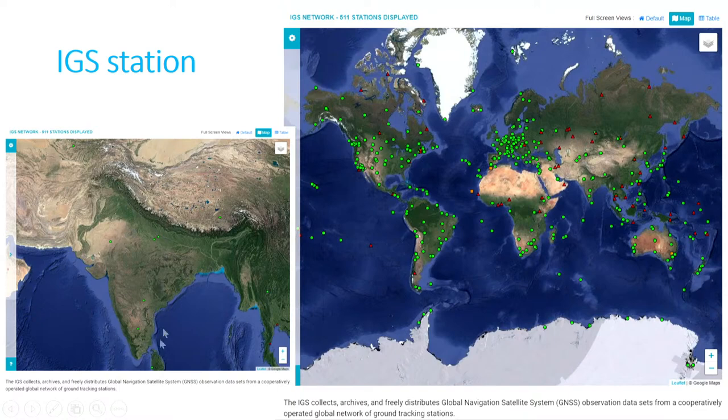Here you can see them all around the earth, and it is mainly controlled by UNESCO and NASA. They are using this to make the precise datum also, so that we can know how this mass redistribution is taking place, because volcanic activity is taking place, then earthquakes are taking place.